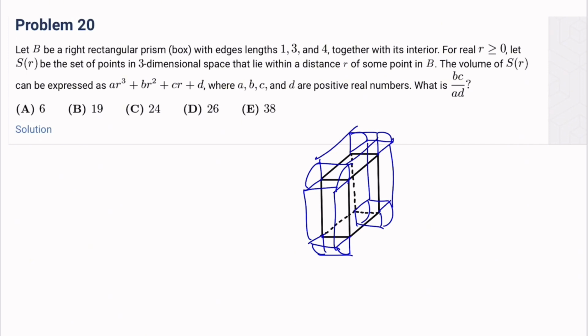And so this is just two sides of it, and I hope you don't get confused, but this side is going to stick out like that and make a rectangular prism like that, and then it's going to connect like that and like that, right? And then the same thing for the other side.